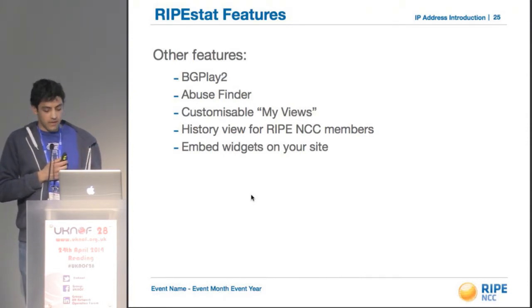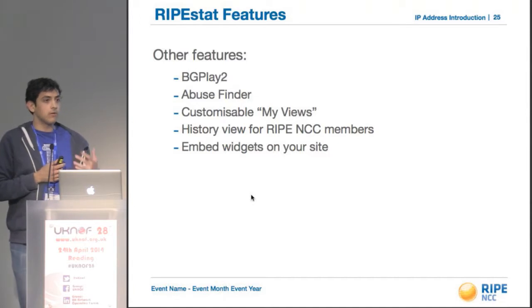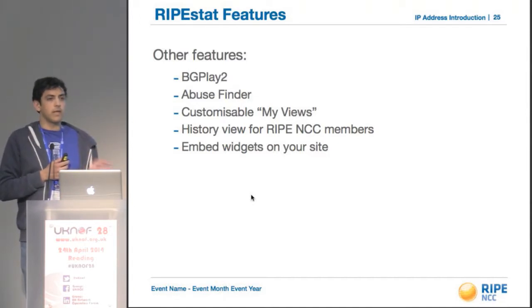Yeah, there's a whole load of things there. I mean, the best thing is to go along and see what there is, but there's BGPlay, which allows you to see at any point in time what kind of changes there were within our Quagga state, basically, for a particular router.